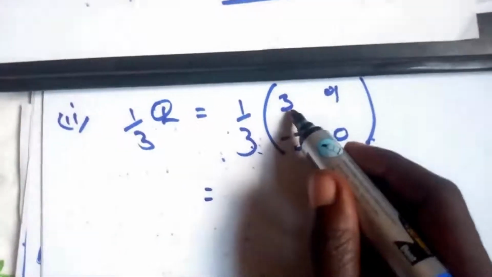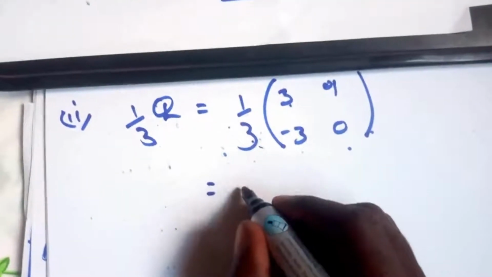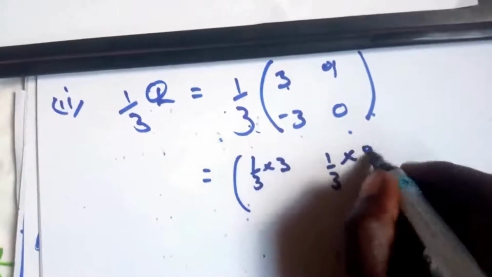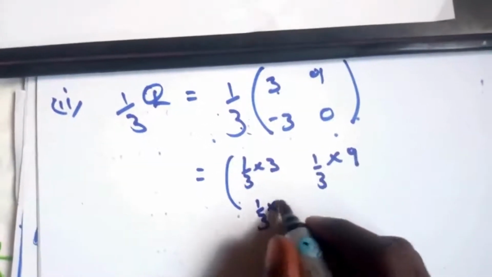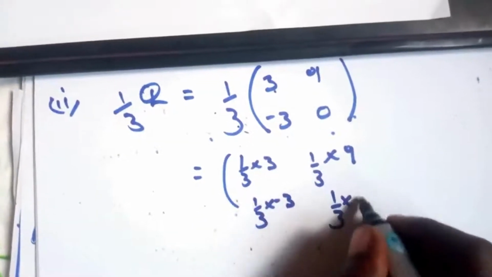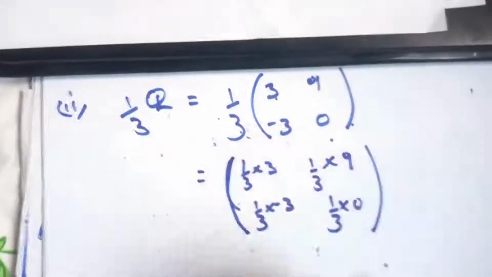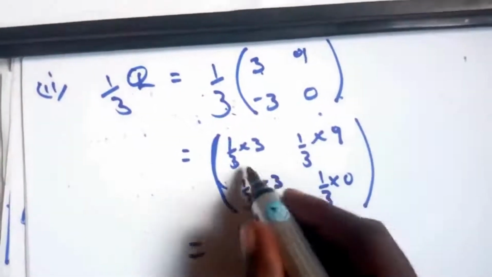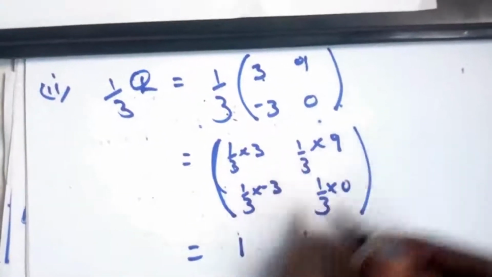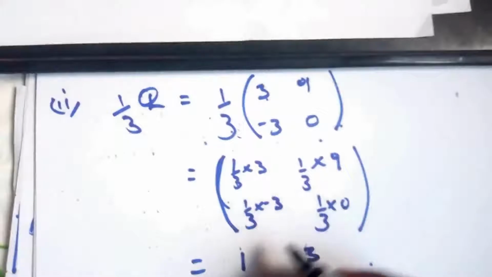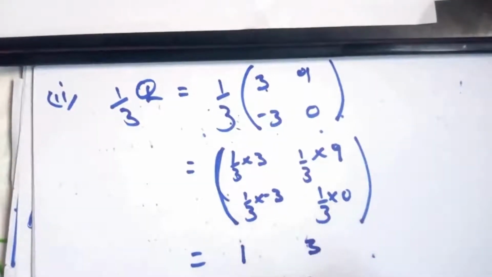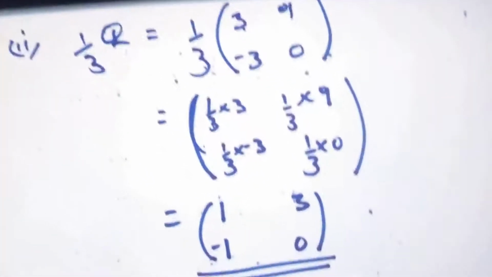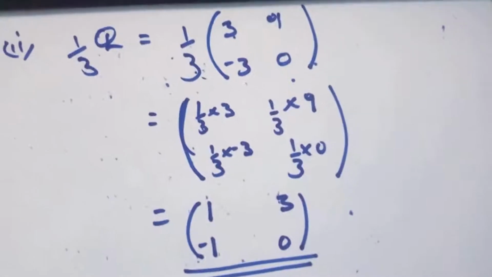So it is a third times 3, a third times 9, a third times negative 3, a third times 0. Then this one is going to become a third times 3, that is 1, that one goes. Then 9 divided by 3 is 3, this one is negative 1, and this is a 0. So that is the answer that we are supposed to be having.